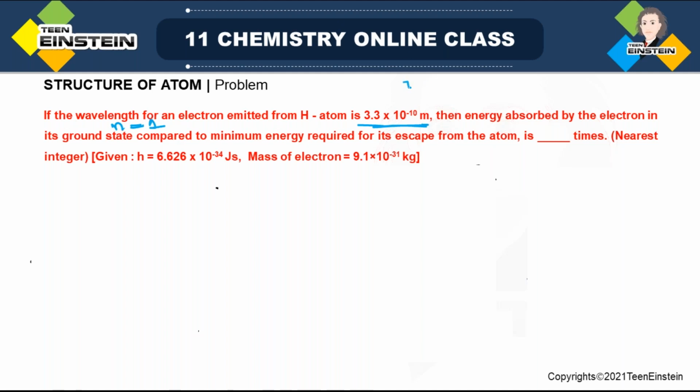Fine. So suppose E total, I am writing, divided by compared to minimum energy required for escape. And minimum energy required for escape, it is nothing but the definition of ionization energy. Okay. So E total divided by ionization energy, or in place of ionization energy, you can also write energy required.